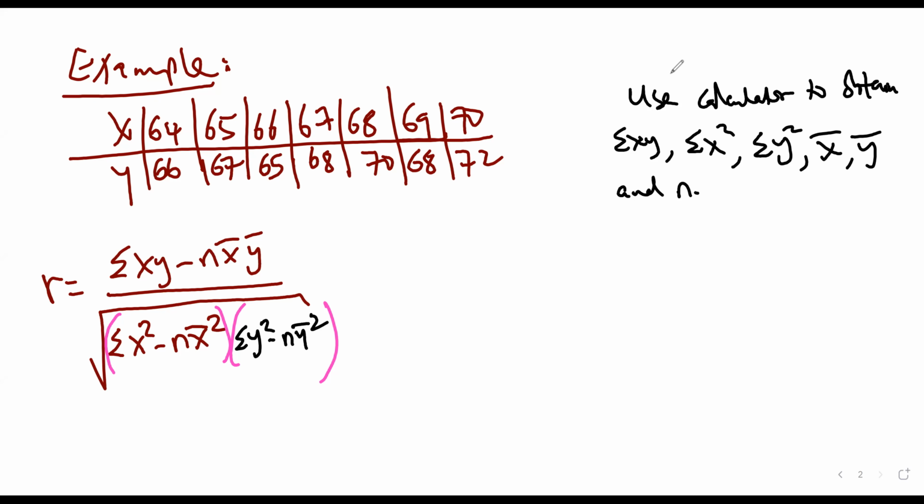So I want us to use our scientific calculators to obtain these values: summation of x, y, x bar, y bar, n, of course, but you know n is 7, summation of x square, summation of y square. Then once we get those values, we plug them in here, then we get the required value.